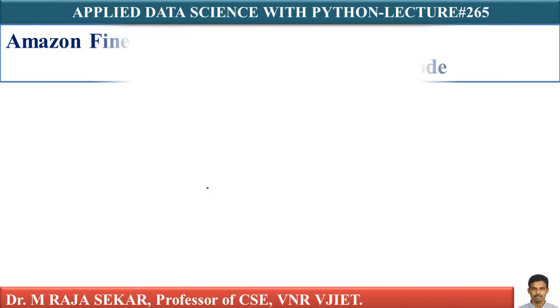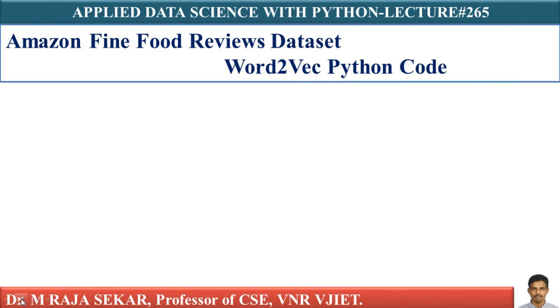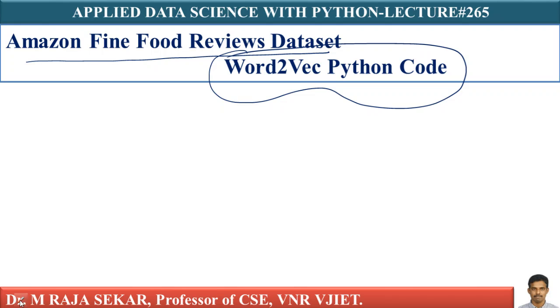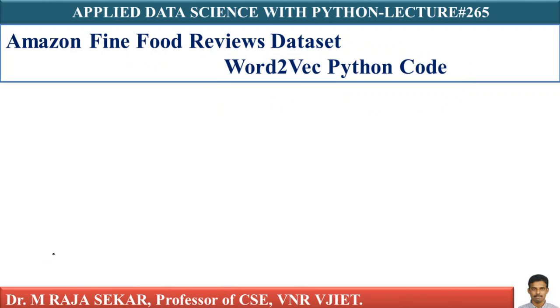In this lecture, I will continue my discussion on the Amazon Fine Food Review dataset. We will try to understand the Python code for Word2vec. As I told you, we can construct our own Word2vec.